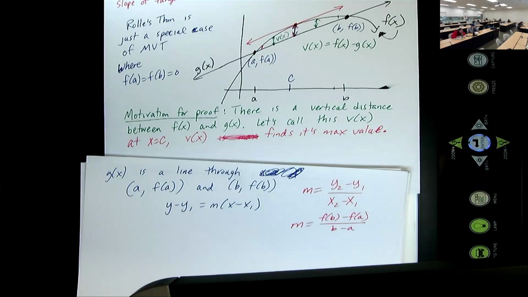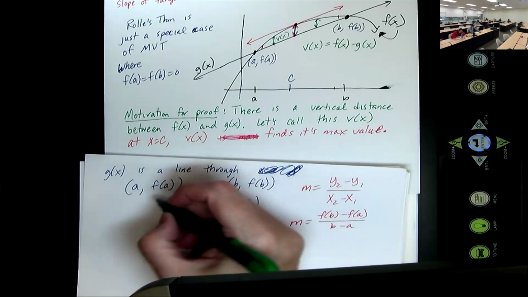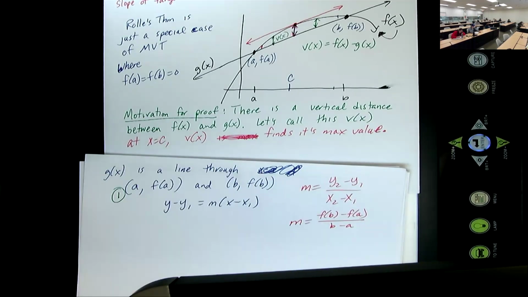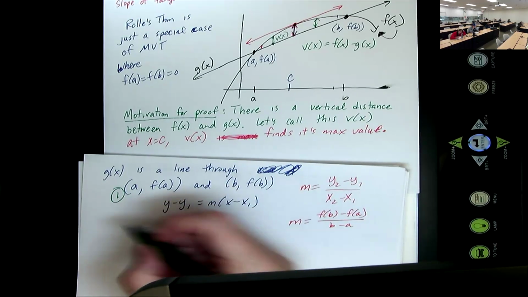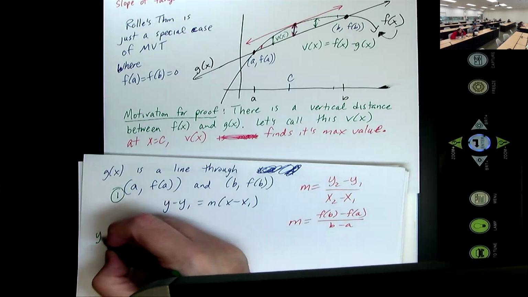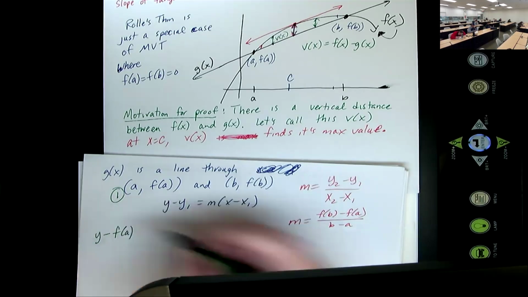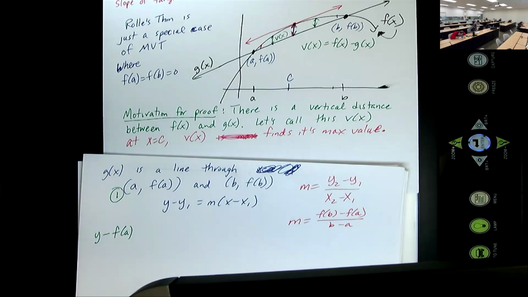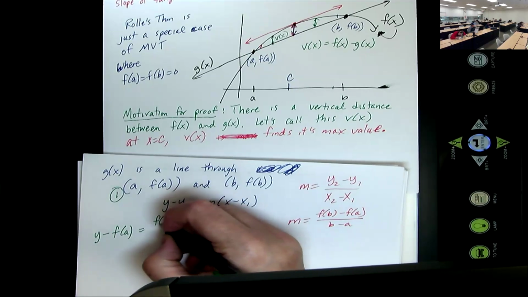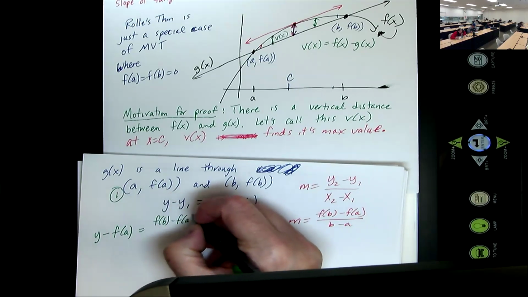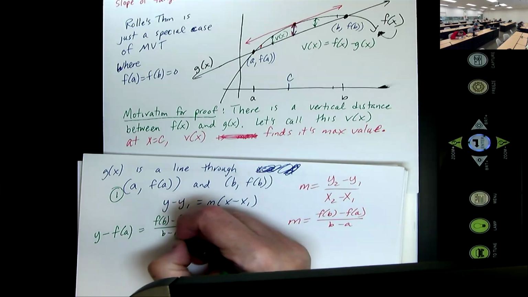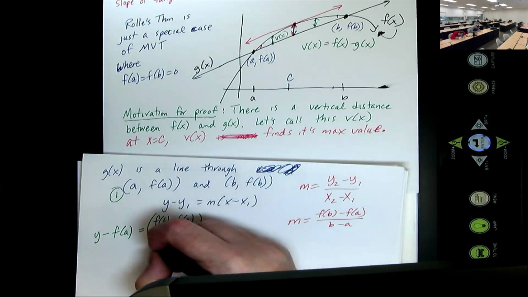So I'll plug that stuff in and I'm going to use this as my point one. So if I plug that in, I have y minus y1 is y minus f of a, equals m, which is f of b minus f of a over b minus a, that's my m.